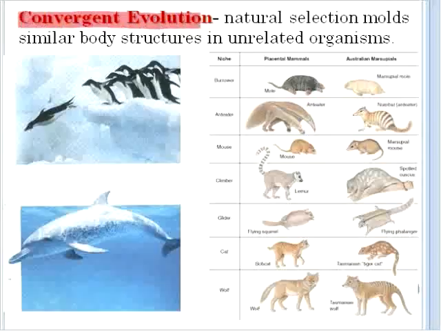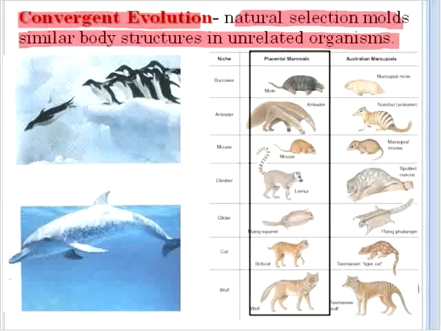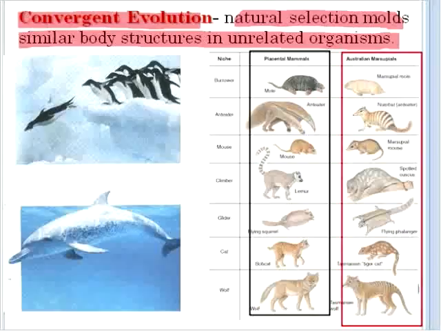Convergent evolution is natural selection that molds similar body structures in unrelated organisms. We can clearly see that in North America, placental mammals, and in Australia, while unrelated, they share many similar features. This is as a result of evolution acting in similar fashion in different environments.